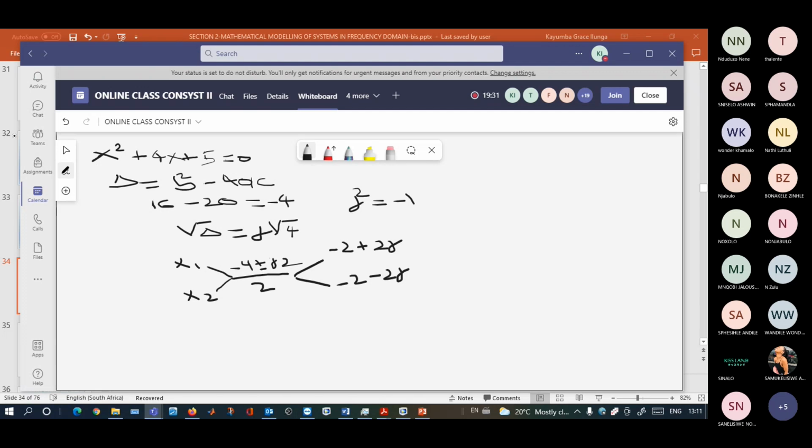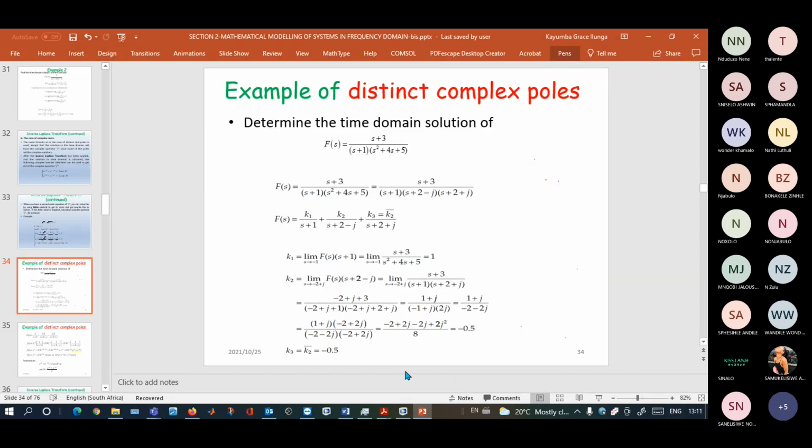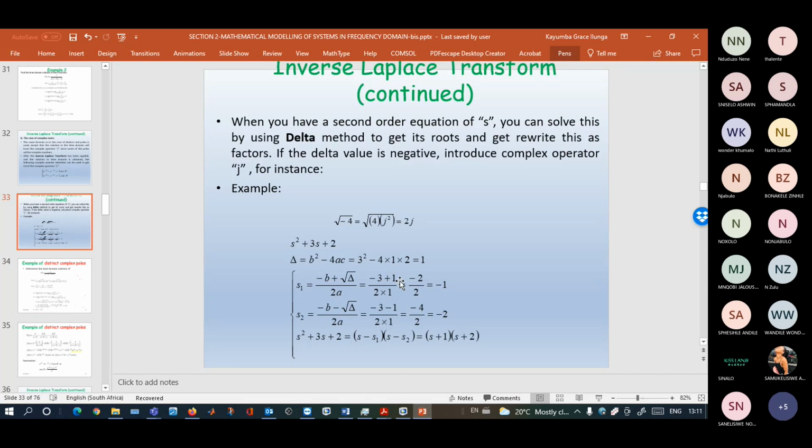So let us see in our notes. We must have some exercises there. We have one.